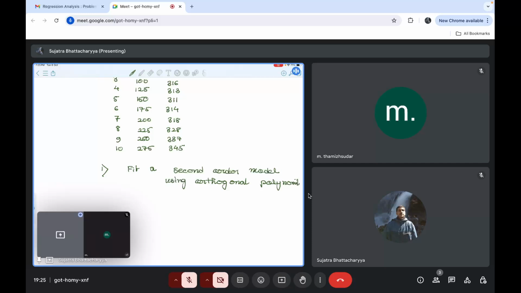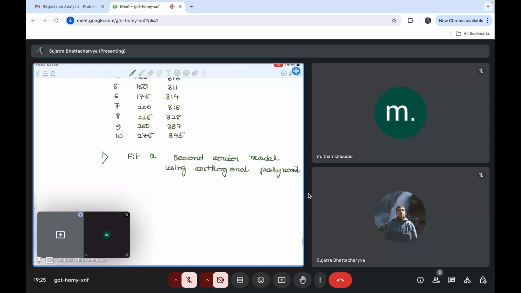So you can just leave it as it is, y equal to alpha naught p naught plus alpha 1 p1 and so on. You don't need to convert it into beta naught plus beta 1 x and so on. So what is that model? y is equal to alpha naught p naught x plus alpha 1 p1 x, second order, right? So it will be alpha 2 p2 x plus epsilon.